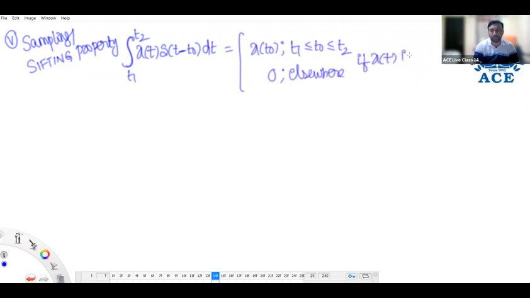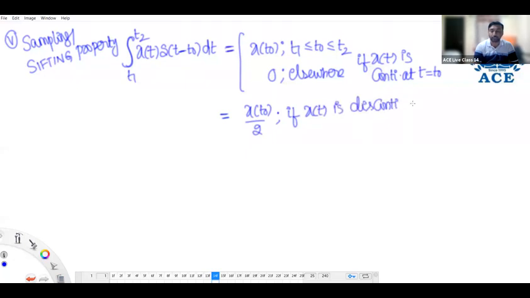If the given signal is continuous at t equals t naught, that is the correct answer, sir. The same answer becomes 1 by 2 times x of t naught if x of t is discontinuous at t naught equals t1 and t naught equals t2.